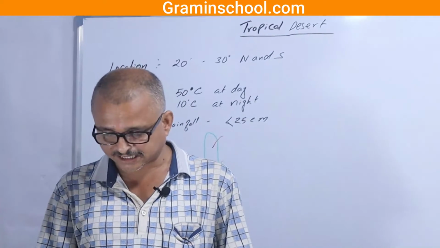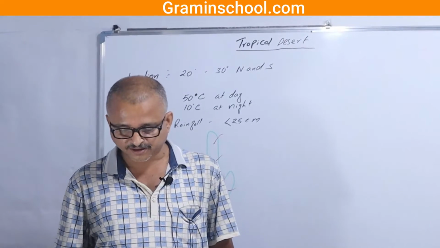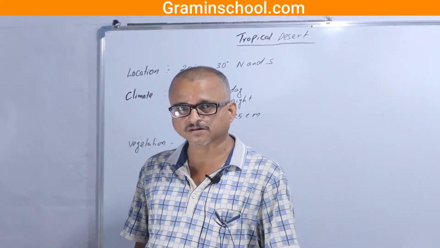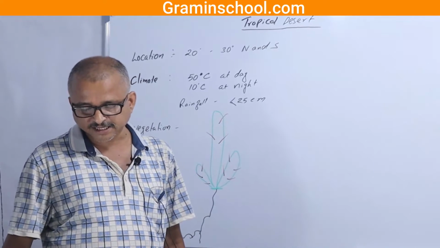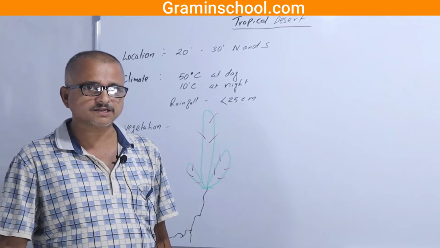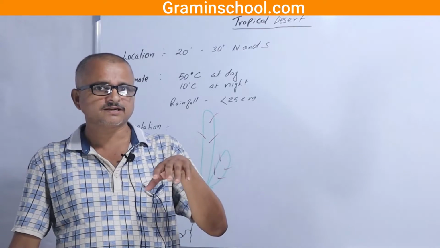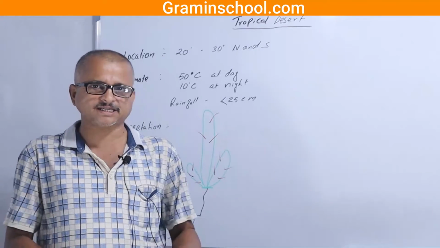So generally, deserts are found in the middle of the continent. This is the general phenomenon, because hot air from the equatorial region goes and descends at 20 to 30 degrees north or south. Hot dry air descends here.